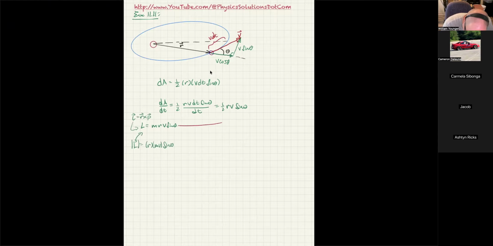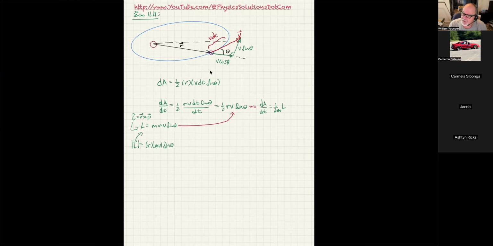Specifically, dA over dt is equal to L over 2m, or I can write it as 1 over 2m times L. Because notice, if I take the L right here and divide that by 2m, that would get rid of the m and put a 2 here, and that would be 1/2 RV sine theta, which is exactly what we had here.